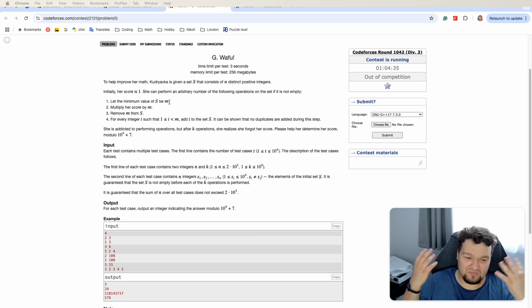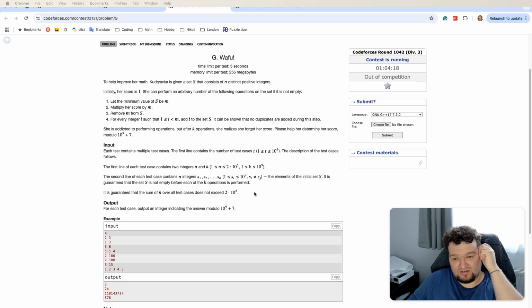That's doing minus 1 in binary. So basically we're starting with some number given in binary, we're given the positions of 1 bits in it, and then we subtract 1 from it and also multiply the result by the position of the lowest 1 bit.